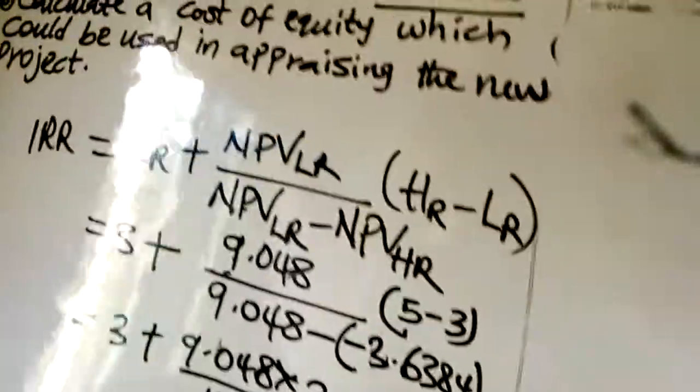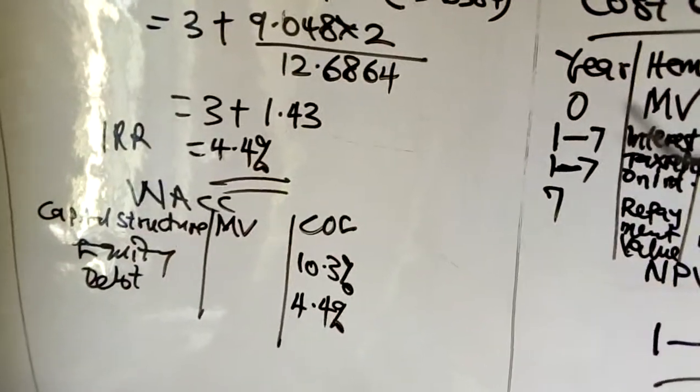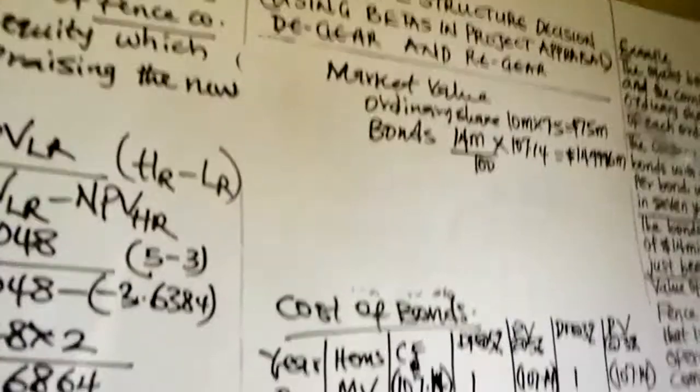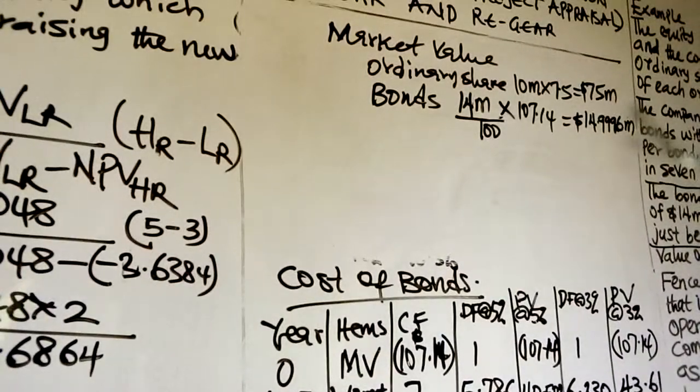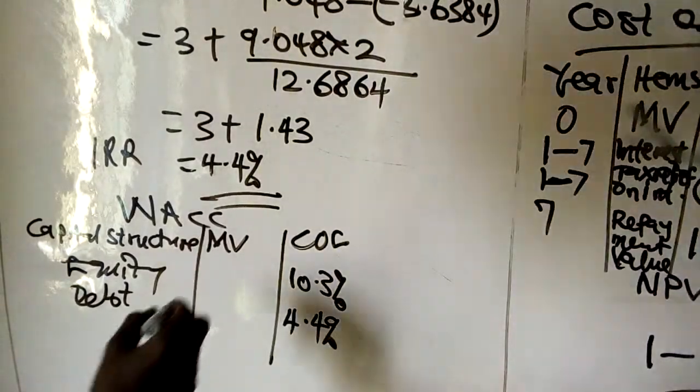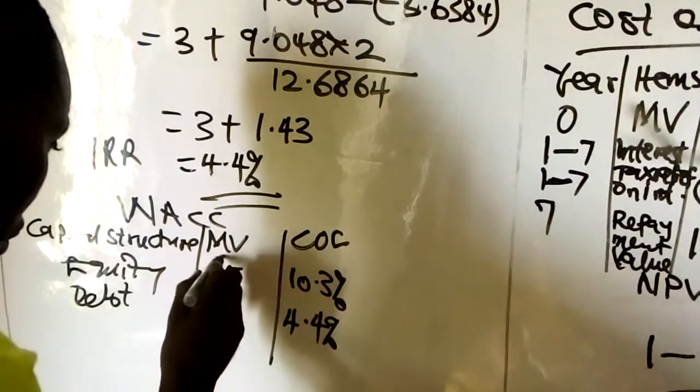Now, you go back to working the calculations of WACC. The market value of ordinary shares has been calculated to be 75 million. Then you put that under the market value of equity or ordinary shares, $75 million.